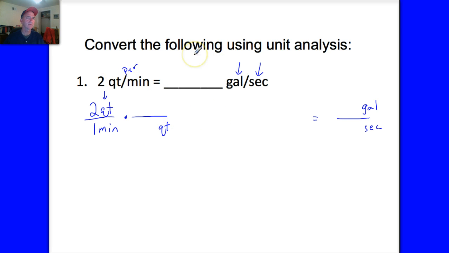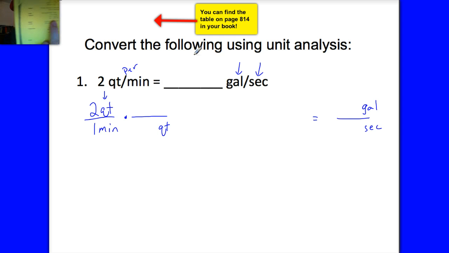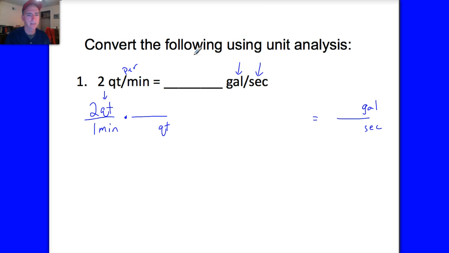So what I'm looking for now is a conversion factor of quarts and hopefully to gallons. Now, you should have this from class today. And if you look right here, 4 quarts equals 1 gallon under liquid capacity. So I know that 4 quarts is equal to 1 gallon.